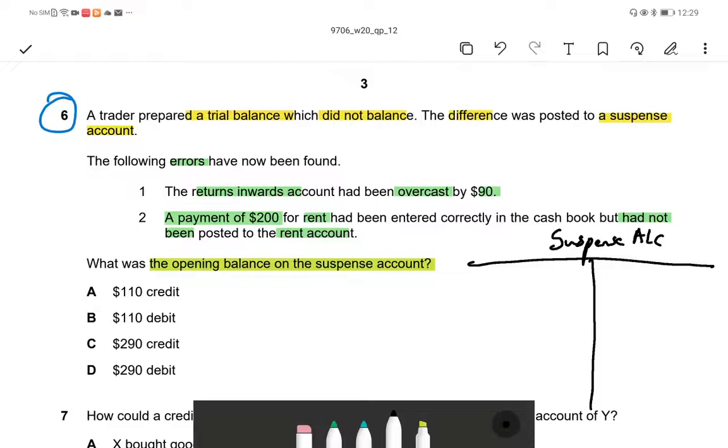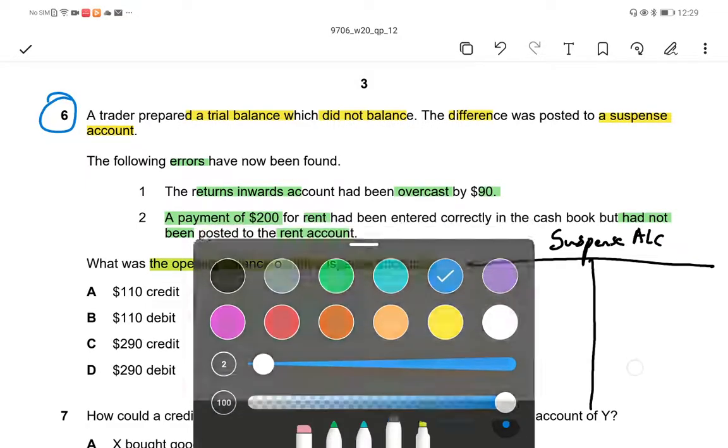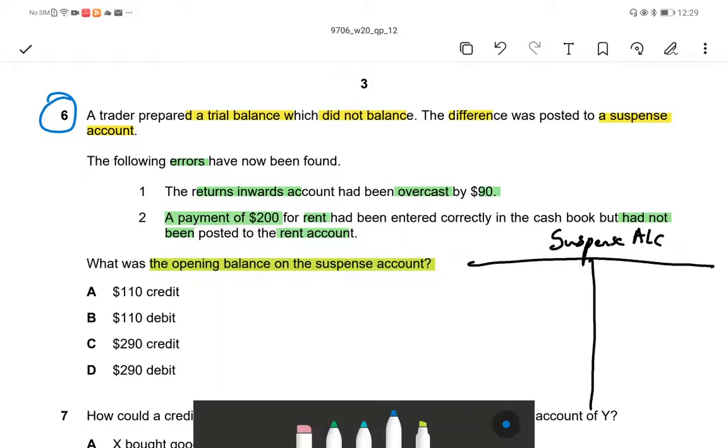The first error: return inward means sales return. Sales is always credit, sales return is always debit. The debit side sales return is overcast more than the actual value by 90. How to correct the error? Sales return is always on the debit side, so if it is overstated you have to put it on the credit side.